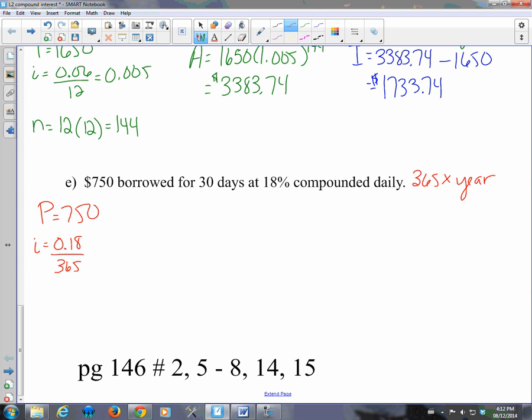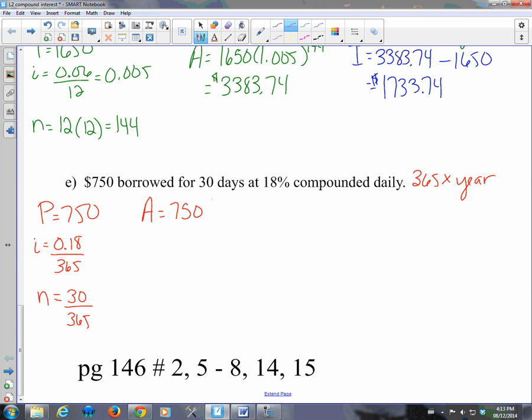And if I try to do that on my calculator, I get a crazy long decimal that doesn't end. This is one that you need to leave your interest rate as a fraction. And our n would be 30 days. So we have 30 out of 365 days, because you don't have a full year.